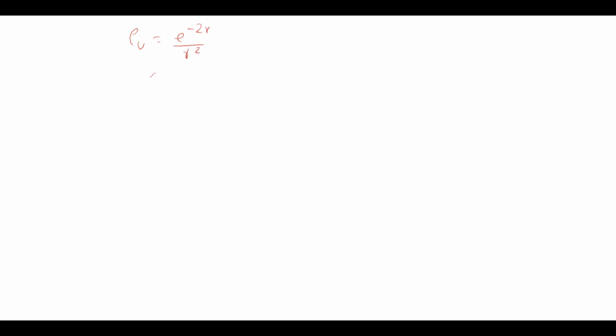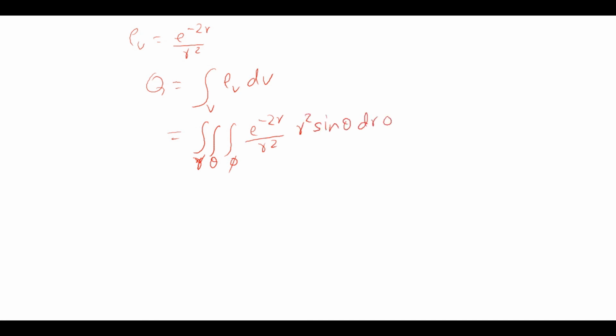So as we discussed in the previous problem, Q is equal to the volume integral of rho v dv. But here the coordinate system is spherical, so the volume integral is a triple integral over r, theta and phi with rho v as e raised to minus 2r by r square, into dv, which is r square sin theta dr d theta d phi. So here if you see, r square gets cancelled.